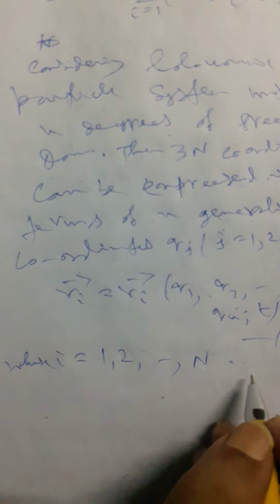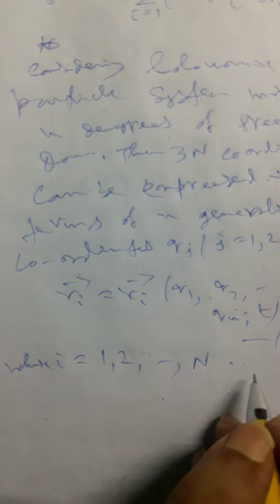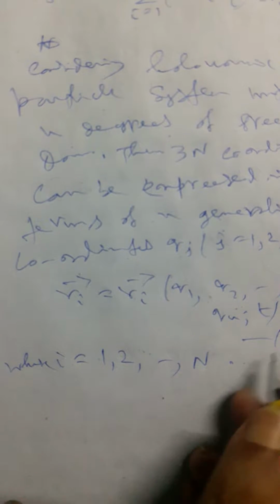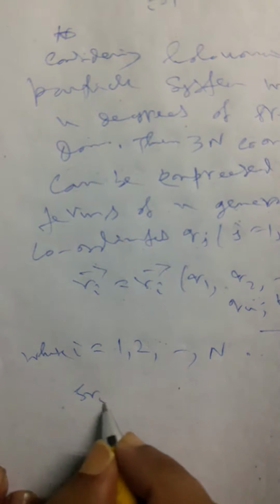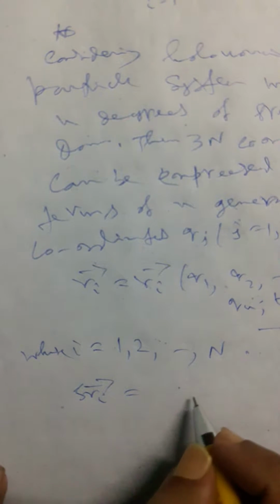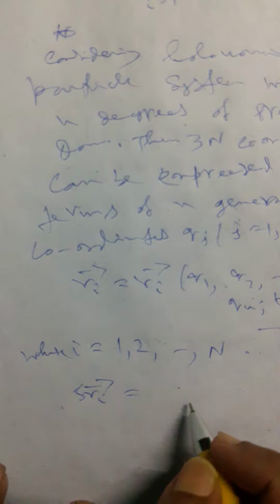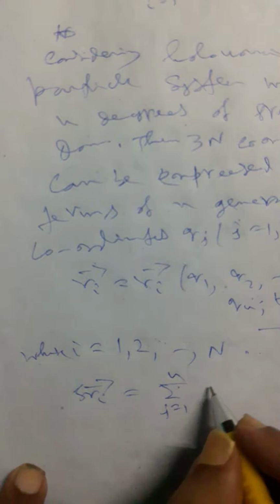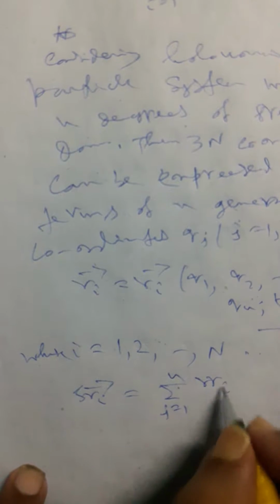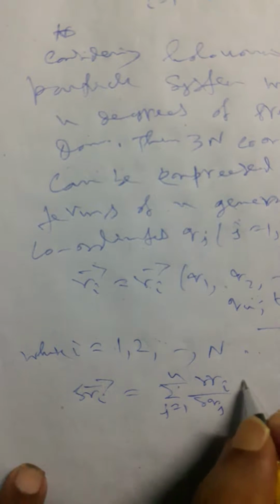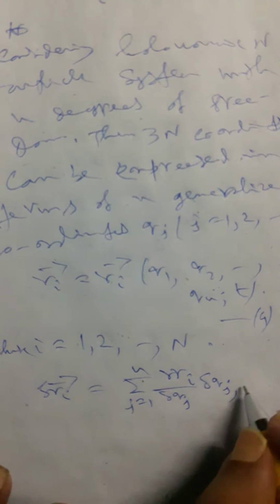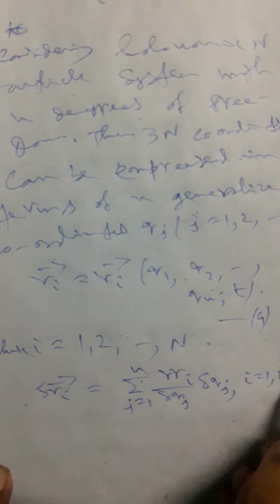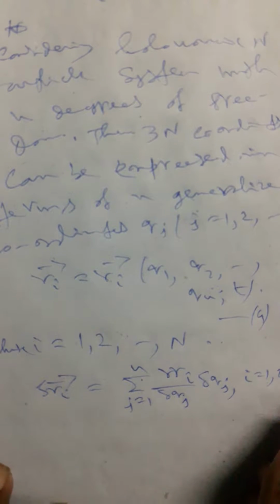Now for the virtual displacement, the time is treated as frozen, and as a result in the variation del ri the time t plays no part. So del ri is the sum of j equals 1 up to small n of del ri del qj times del qj, for i equals 1 up to n.